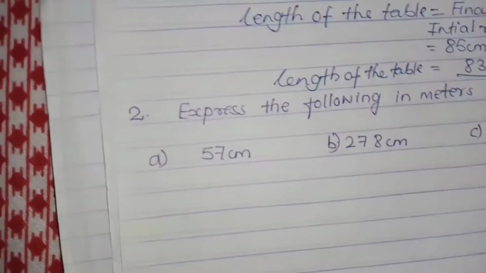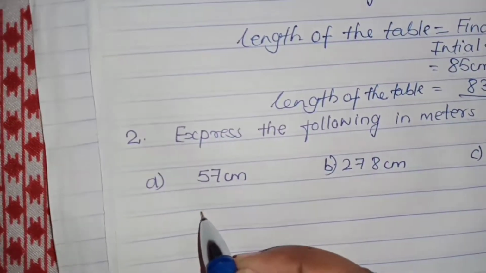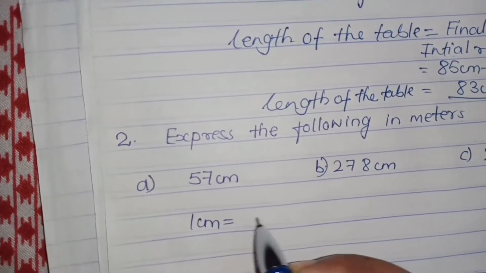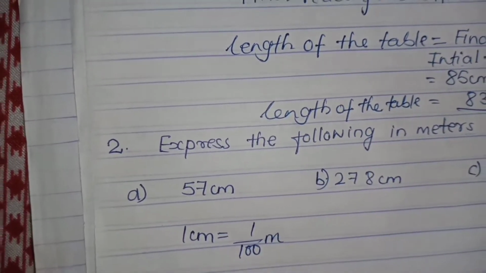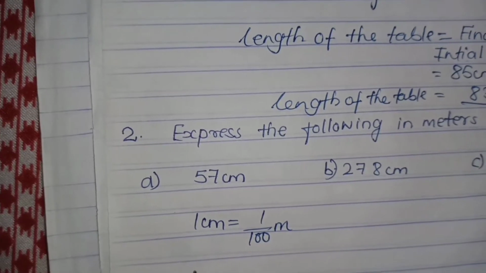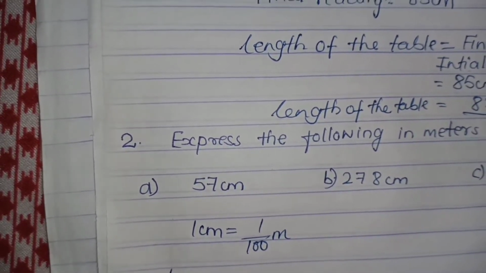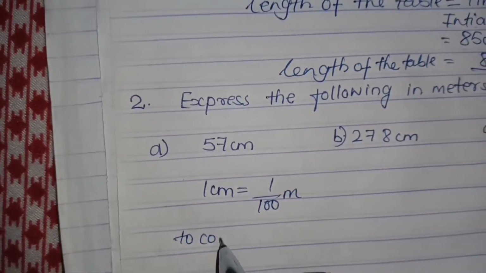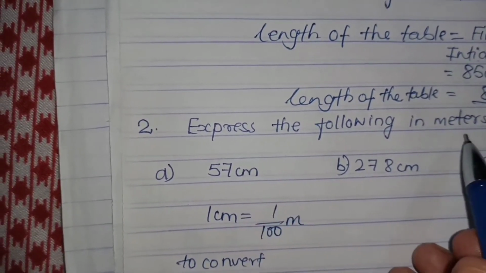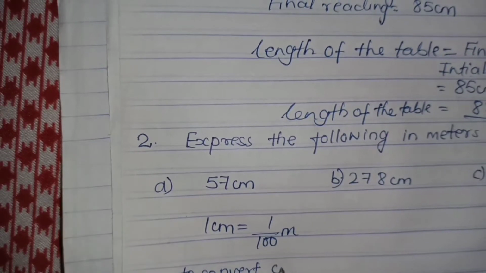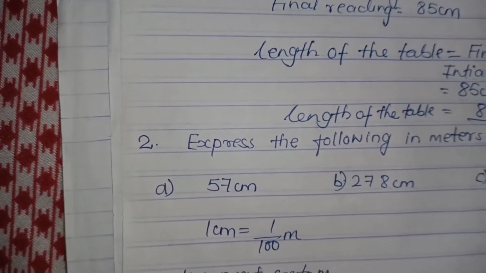Now how to do it? See here, we know that 1 centimeter is equal to 1 by 100 meters. So what do you have to convert? Centimeter to meters. To convert centimeter to meters, what do you have to do?